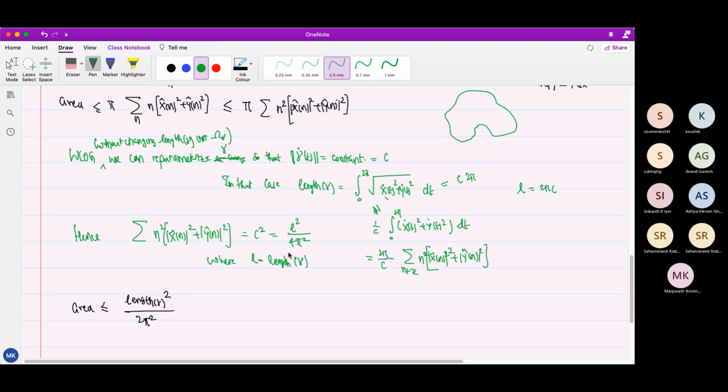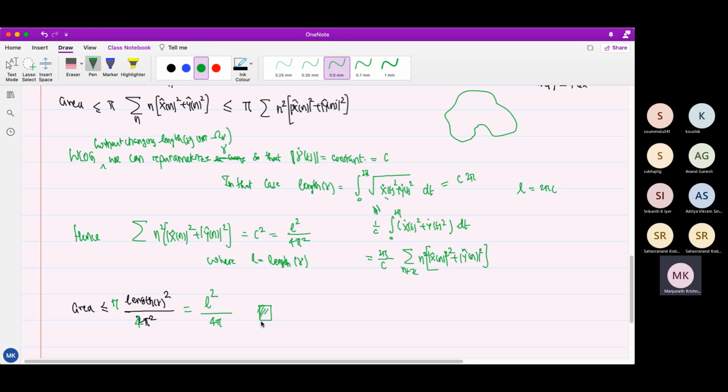But there is a pi outside, and the pi cancels. Sorry, the area is less than pi times something. The area is less than pi times this, L squared over 4 pi squared, which is L squared over 4 pi.